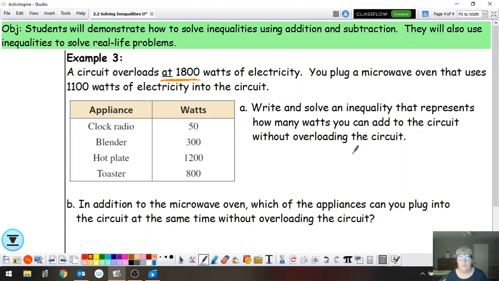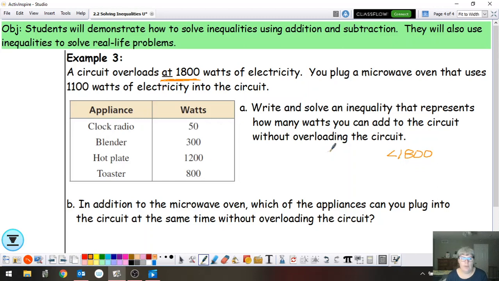Write and solve an inequality that represents how many watts you can add to the circuit without overloading the circuit. So if it overloads at 1800 watts of electricity, that means we can use less than 1800 watts. Because if it equals 1800 watts, then it's going to overload.